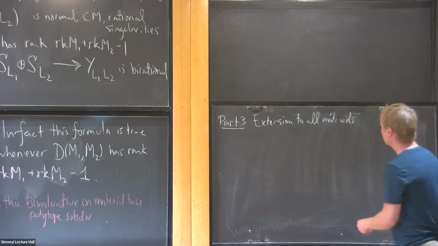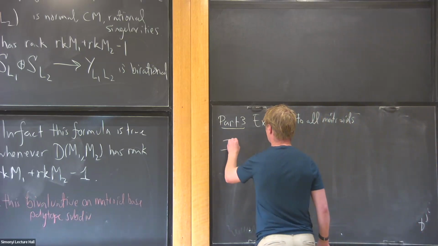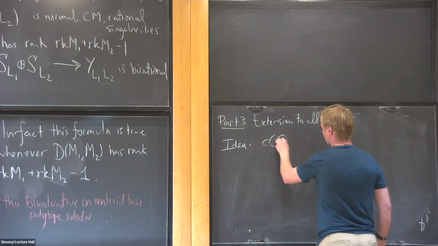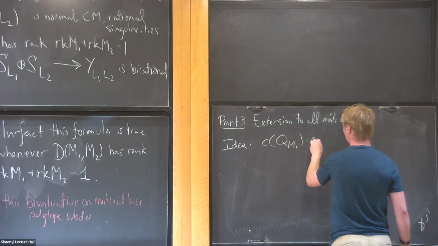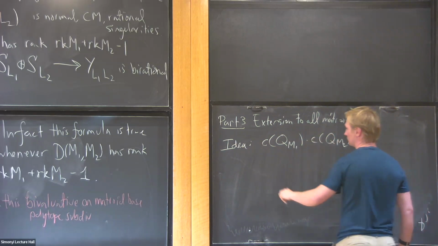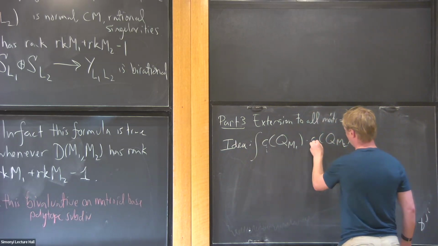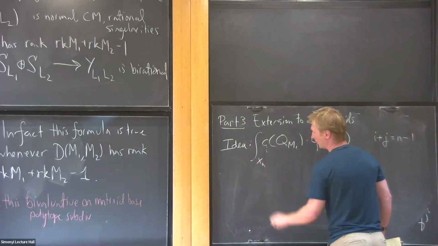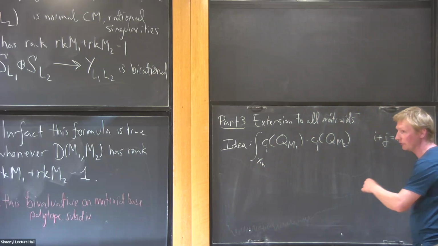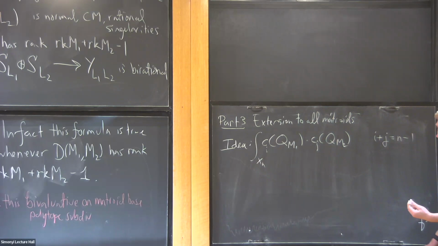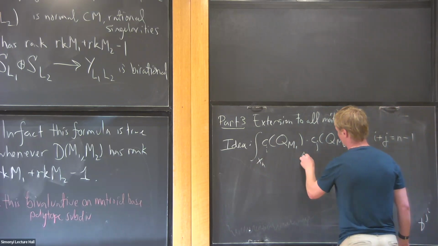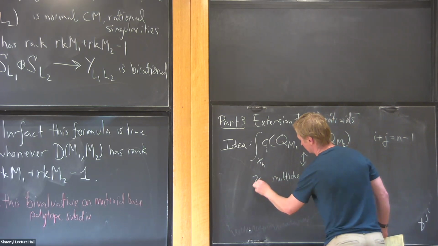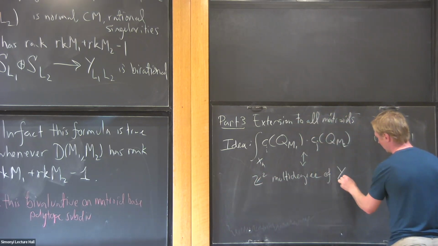Okay, so here's the idea. If I intersect the Chern classes of M1 and M2, so I want to do I and J where I plus J is equal to n minus 1, this should be telling me information about the multi-degree of the associated variety, the Z^2 multi-degree of Y of L1, L2.